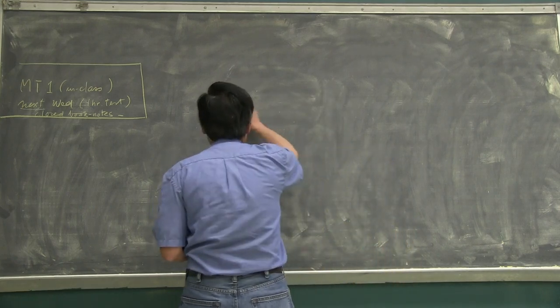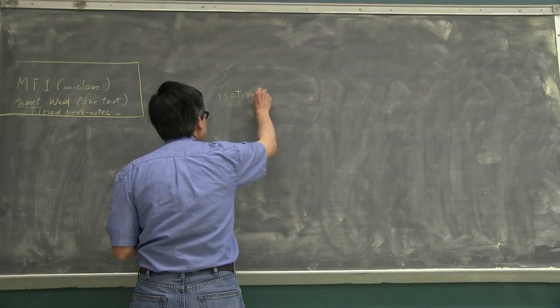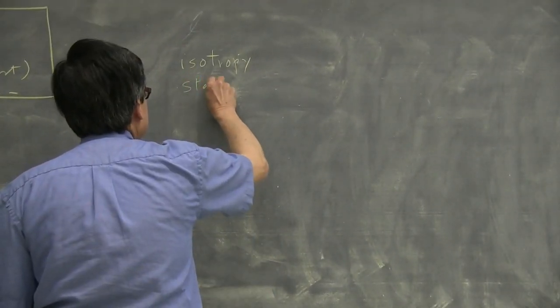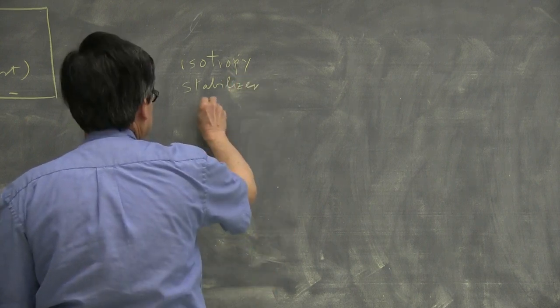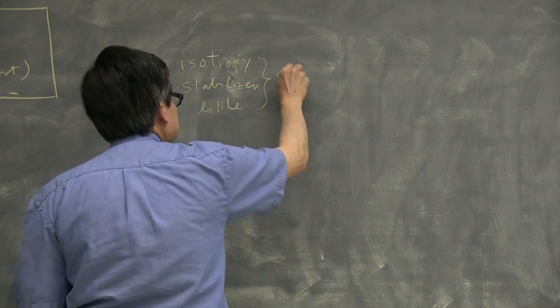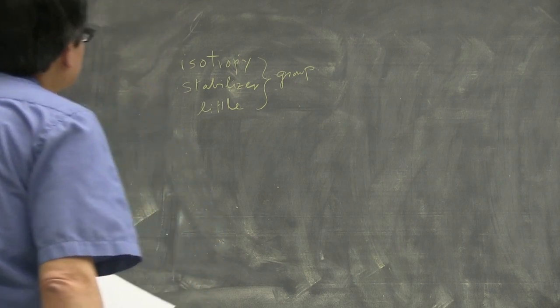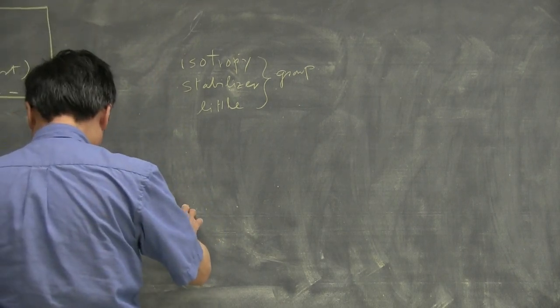Actually, there are three names to it. It's called the isotropy group, or a stabilizer group, sometimes also called a little group. All three terms mean the same thing. What does an isotropy group mean?